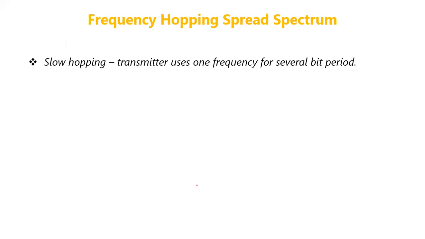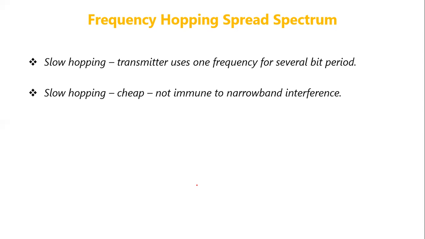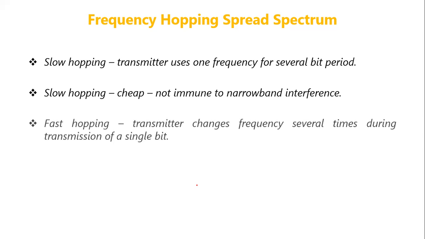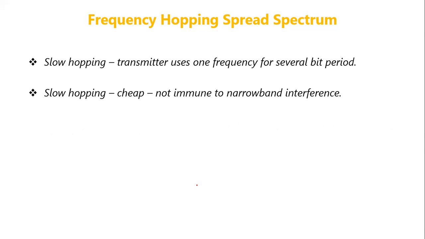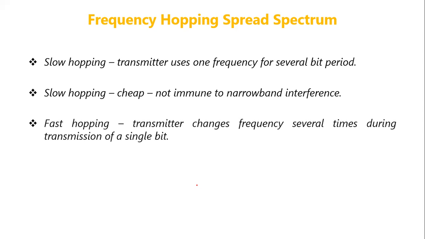After a few bit periods, the transmitter will change the frequency. The advantage of slow hopping is that it is cheaper, but the disadvantage is that it is not immune to narrowband interference.